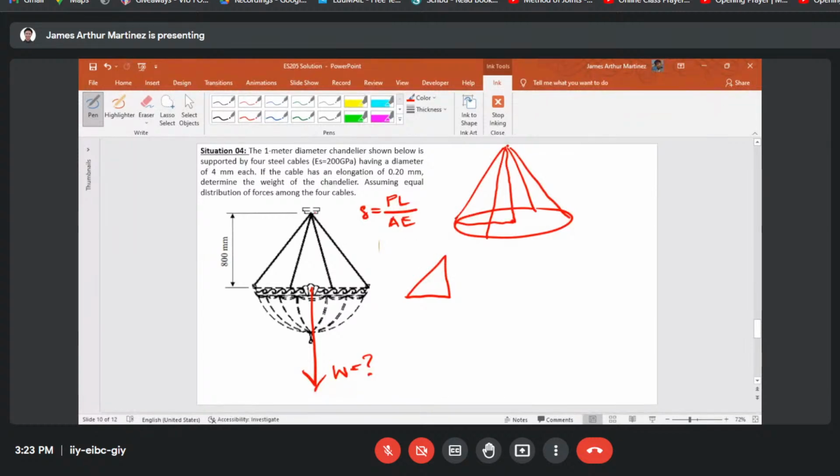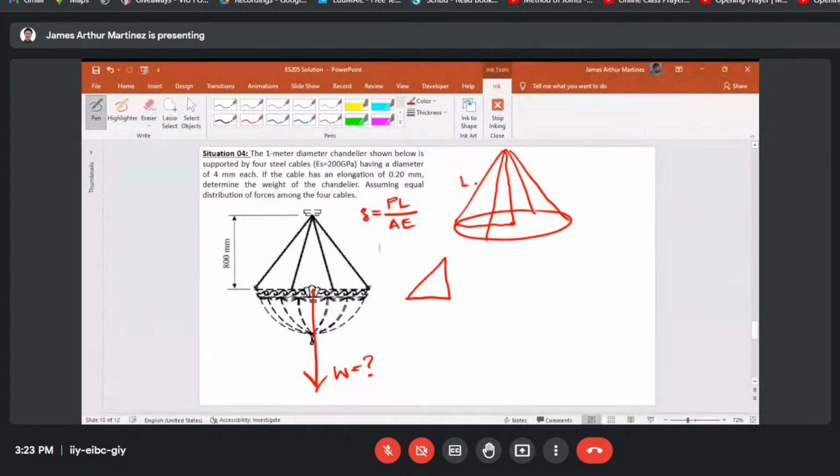Our goal is to compute the length of your cable, which I will label as LC.